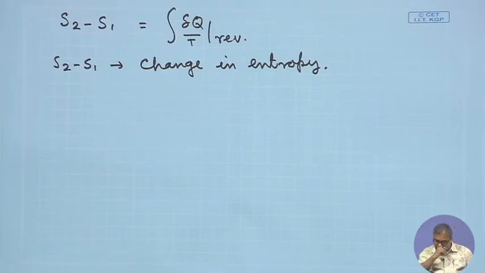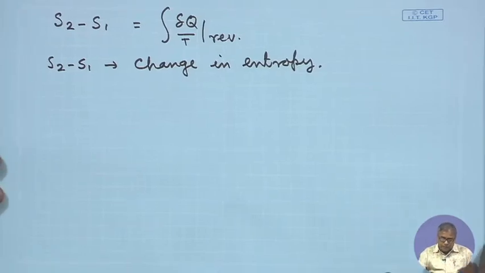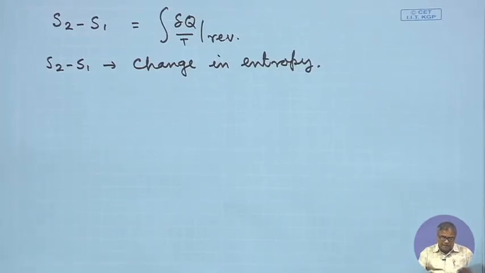Once we get entropy, many things can be derived from the concept of entropy, and obviously for energy conversion processes entropy is very useful, and for waste heat recovery also it is very useful. Let us see the first use of entropy.